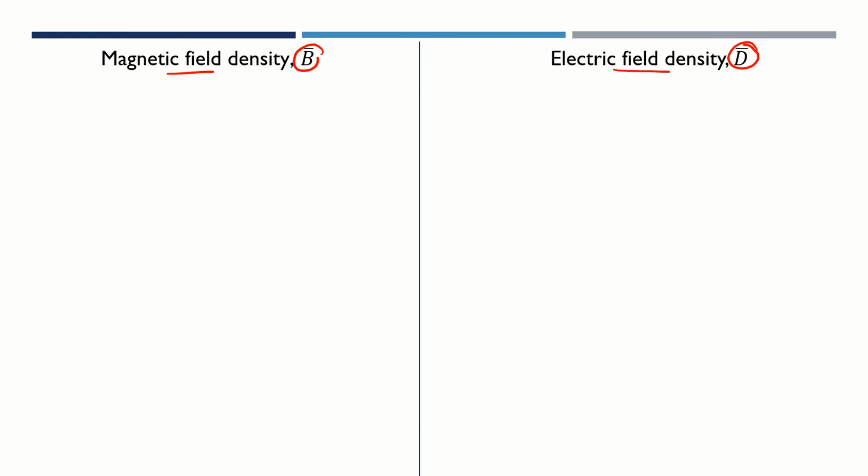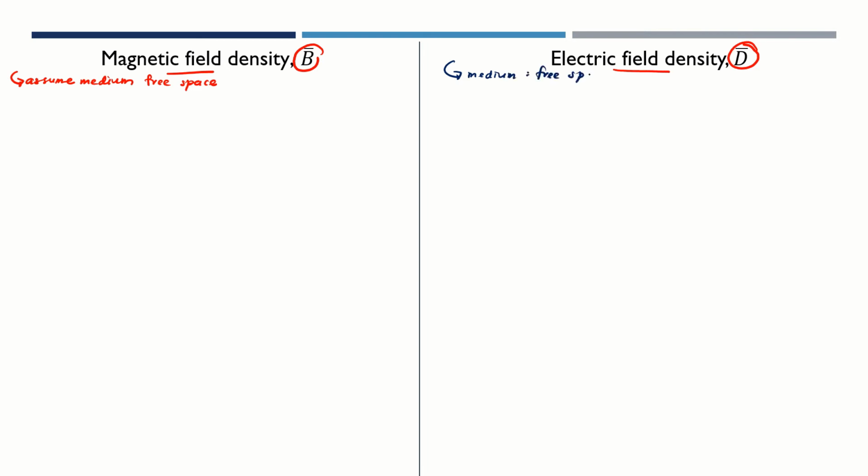So now, to define the magnetic field density, first let's assume that both media are free space. Let's assume that for the magnetic field and the electric field, the medium is free space.